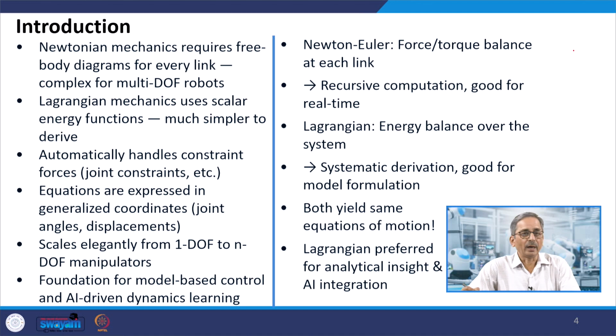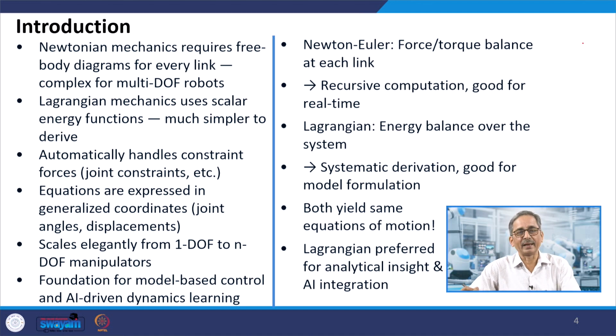Newtonian mechanics requires free body diagrams for every link, and this becomes complex if you have a multi-degree of freedom robot. Lagrangian mechanics, on the other hand, uses scalar energy functions, which are much simpler to derive.